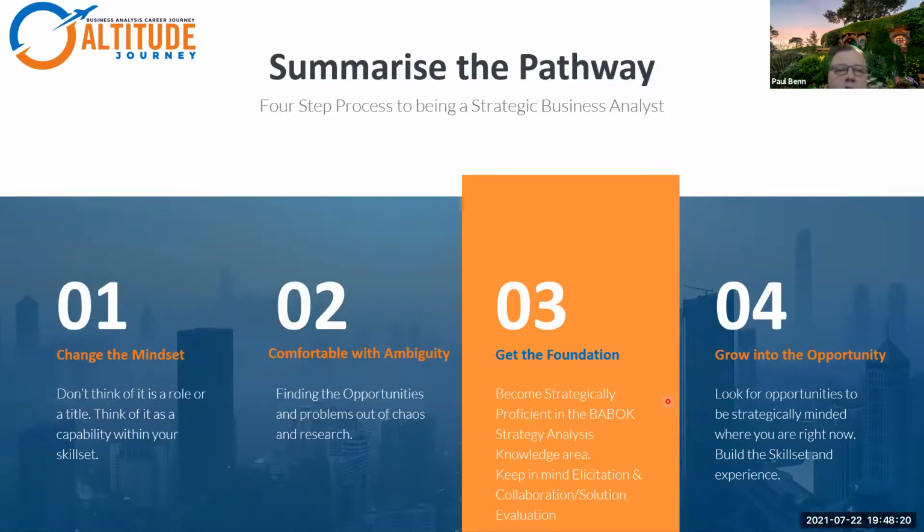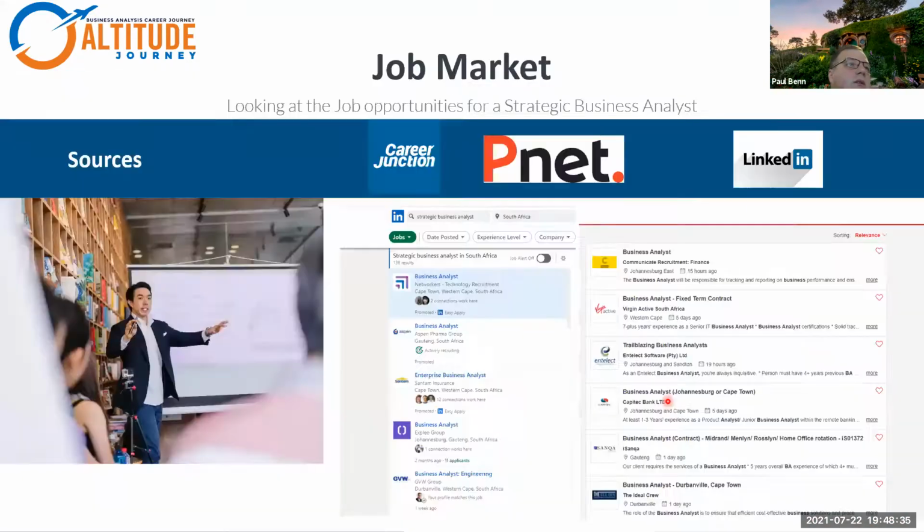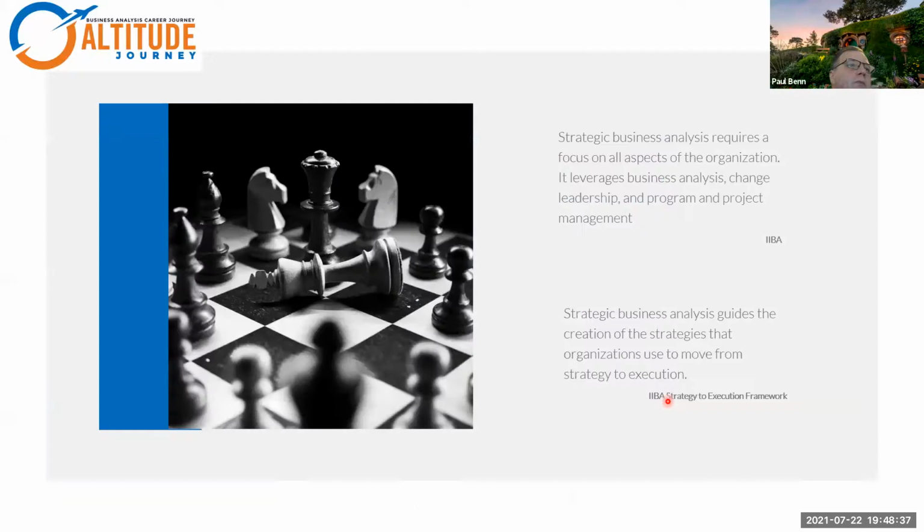Now, that's not to say that business architects don't work strategically. A strategic analyst is probably looking more holistically at the organization, as we talked about in that definition, so all aspects of the organization.